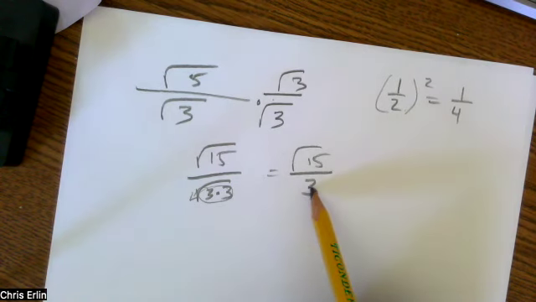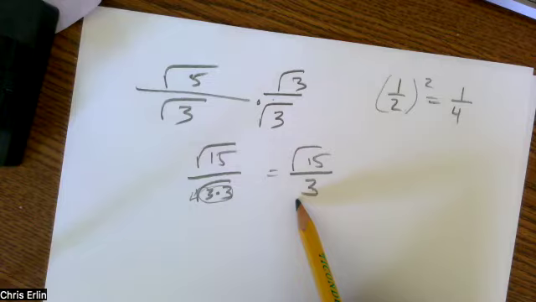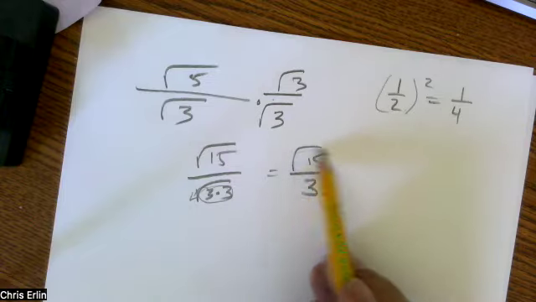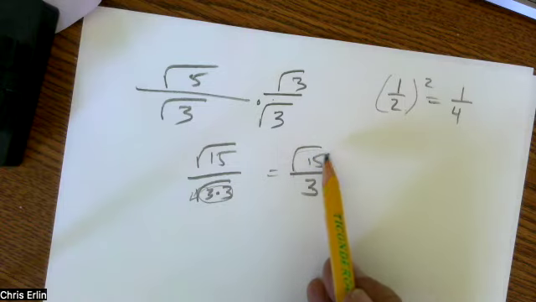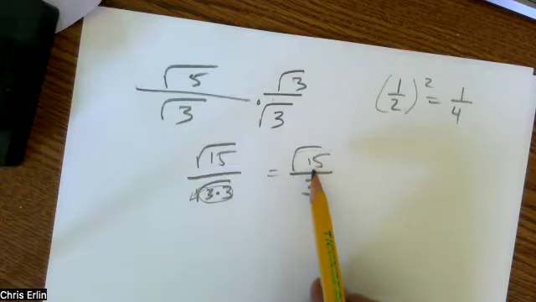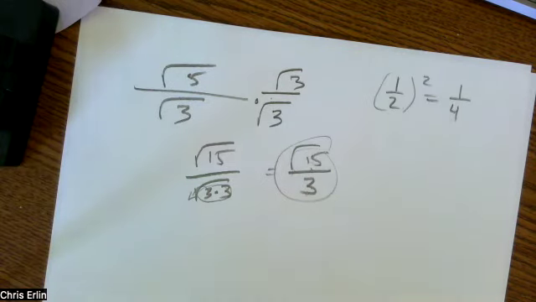Now, can I take this 3 and this 15 and reduce that? I cannot. Good. What's inside the club goes on inside the club. What's outside the club stays outside the club. They don't mix. So this is the final answer there.